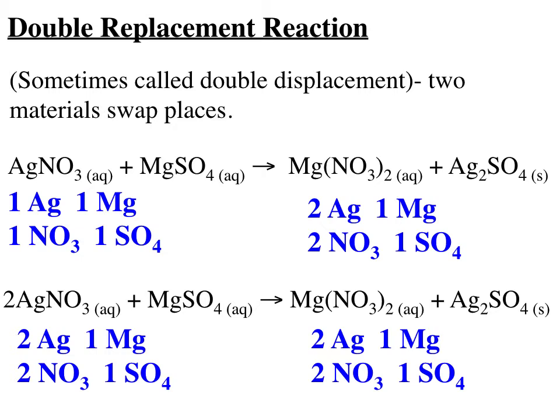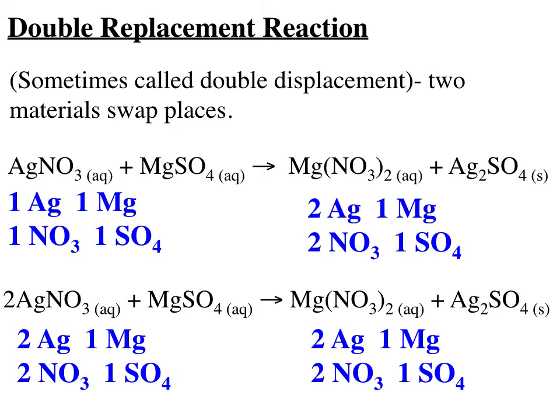These are compounds in aqueous medium, which means they are in a solution where water is the solvent and they are homogeneously dispersed among the water molecules. When I put them together, what I end up with is now a dissolved solution of magnesium nitrate, and notice I get a solid form of silver sulfate that is formed.